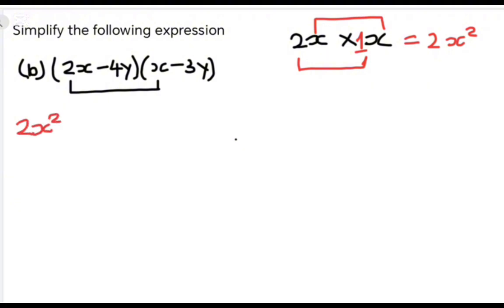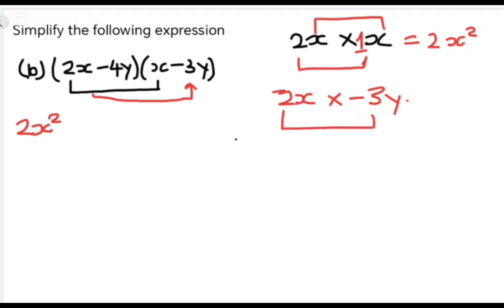Now we're going to also do the same thing. This 2x has to be multiplied with negative 3y. First, a number is multiplied by a number, a variable is multiplied by a variable. So this 2 is going to be multiplied with negative 3, and 2 multiplied by negative 3 we're going to get negative 6.